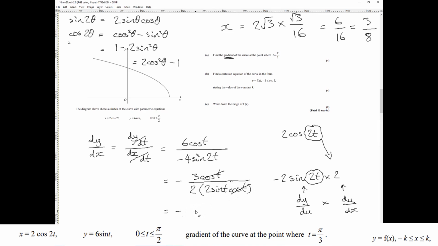So really, we've just got minus 3 over the whole of 4 sine t, or we could call it cosec t, just to be difficult, because sine is on the bottom there. So let's use that one.